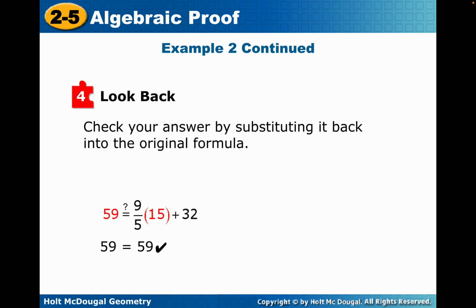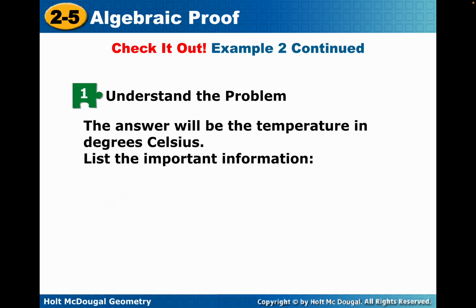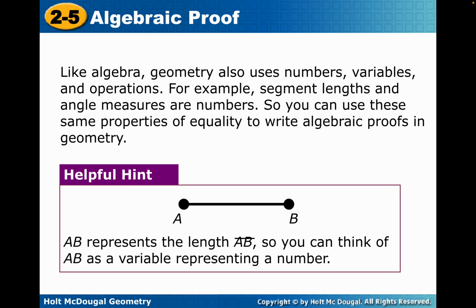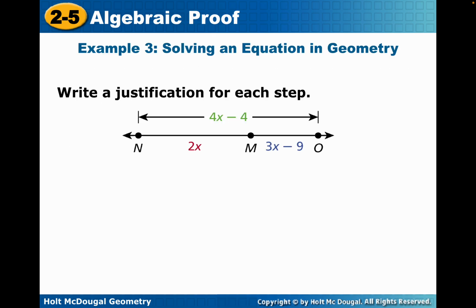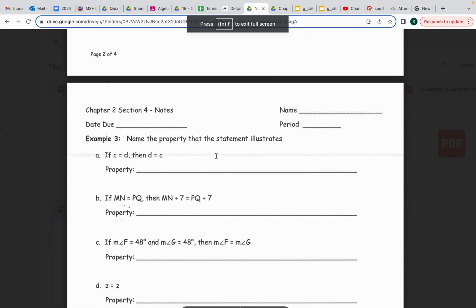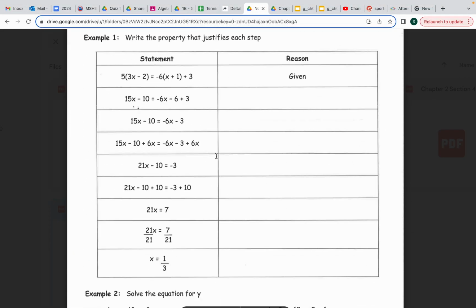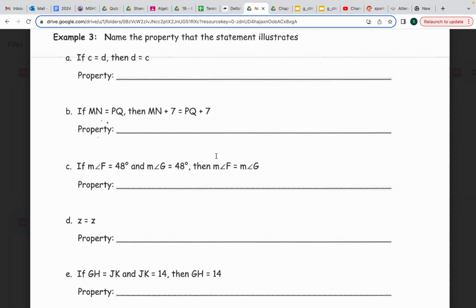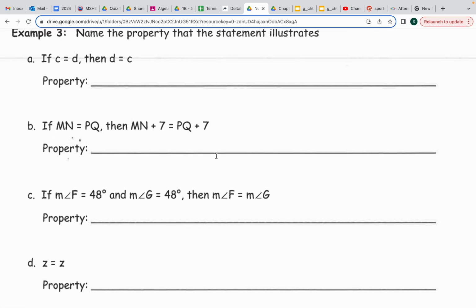Do we have any questions on that? All right, let's look at A through E, or let's just do A through D first. Tell me what property. All we're going to be doing is naming the property.